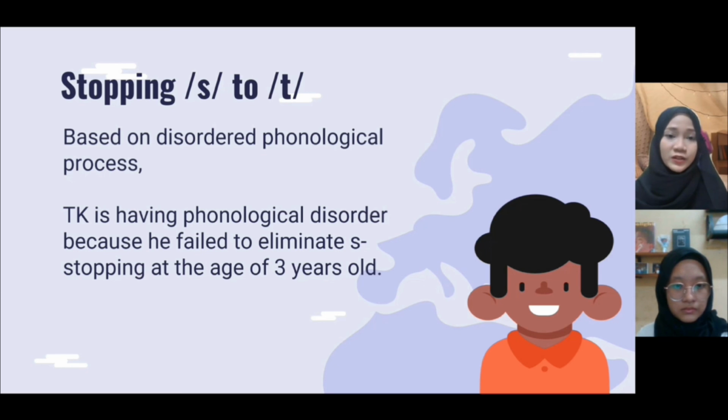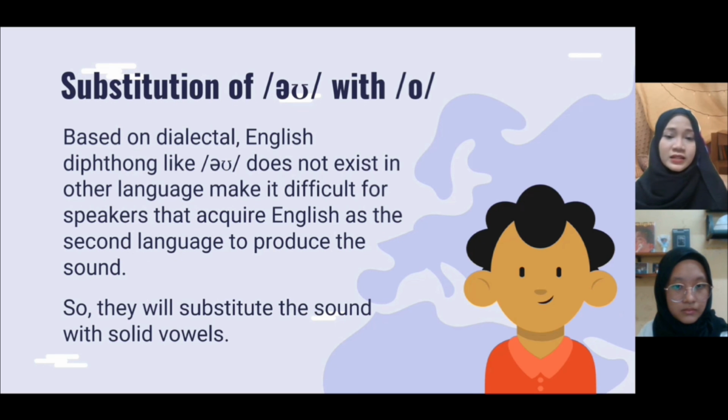Based on the disordered phonological process, TK might have phonological disorder too because he failed to eliminate the s stopping, which is expected to be eliminated at the age of 3 years old, like other normally developing children.